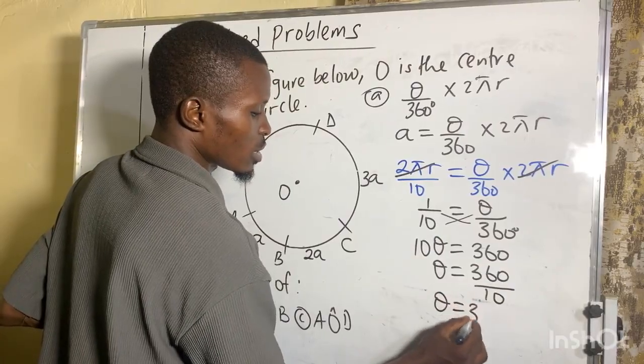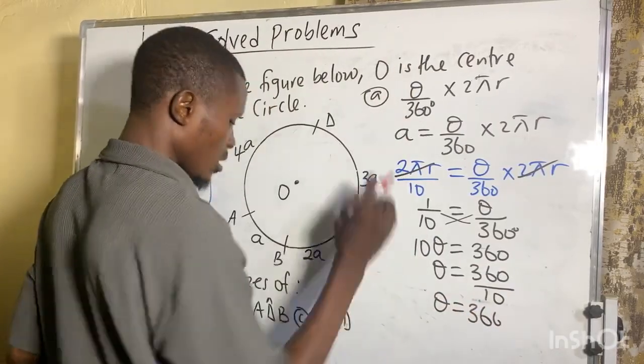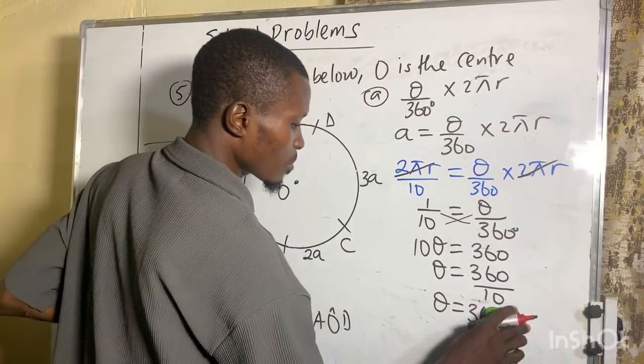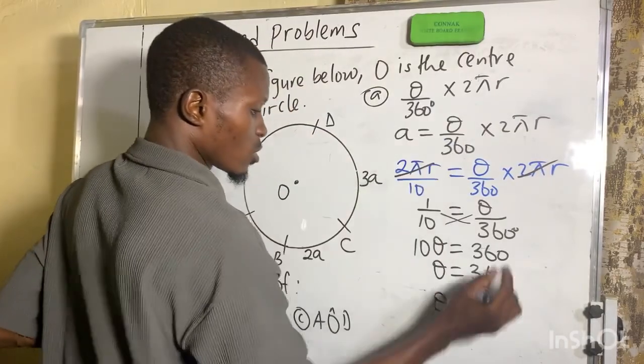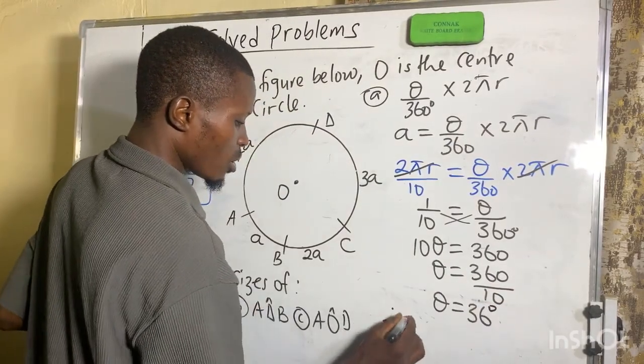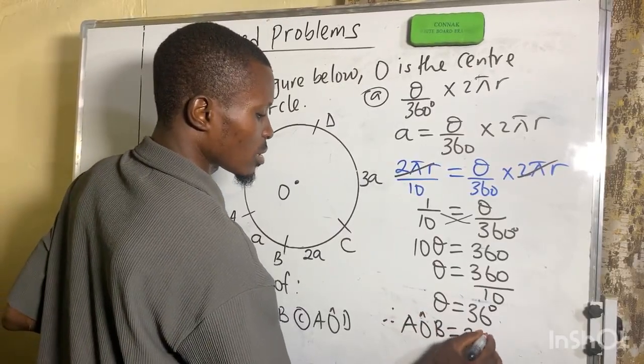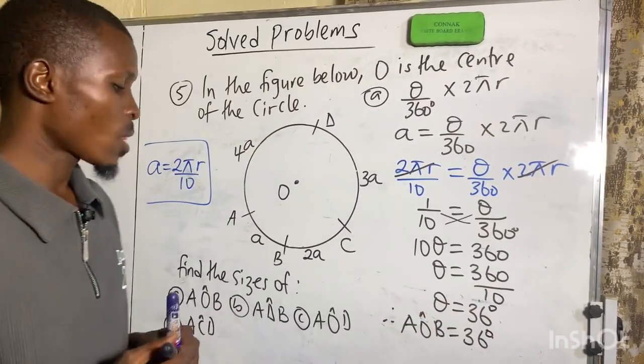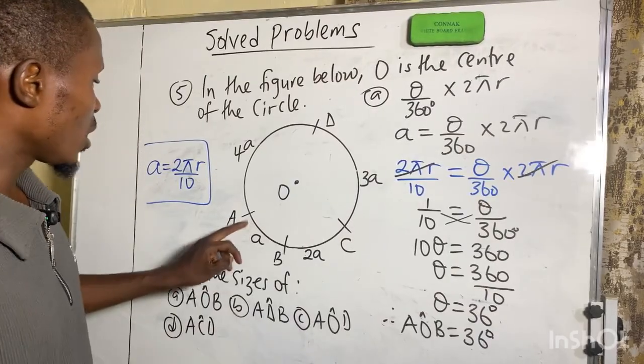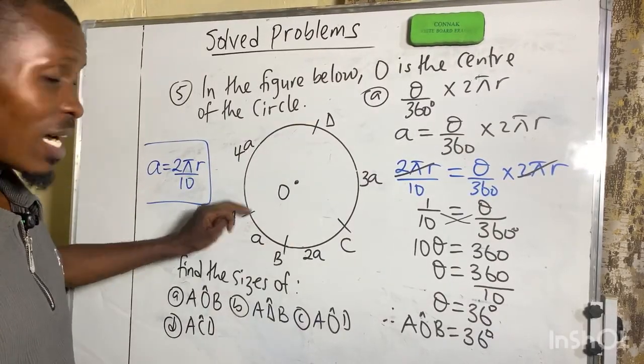Theta is what? 36 degrees. 36 what? Degrees. So therefore, AOB is what? 36 degrees. That's all.